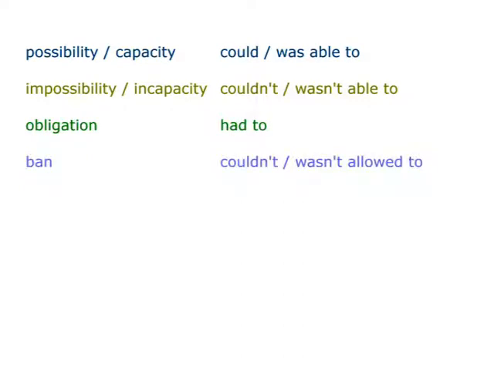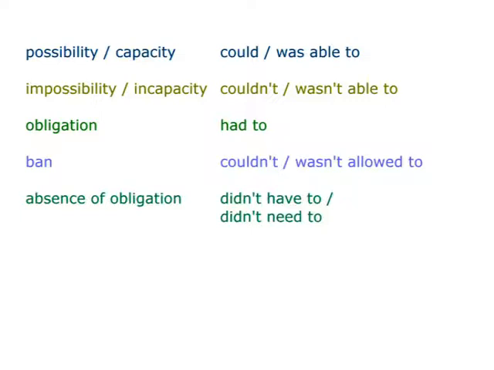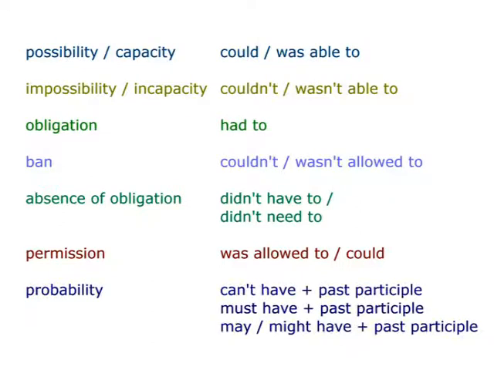Ban, couldn't, wasn't allowed to. Absence of obligation, didn't have to, didn't need to. Permission, was allowed to, could. Probability, can't have plus past participle, must have plus past participle, may or might have plus past participle.